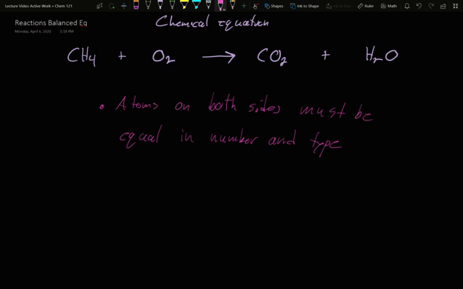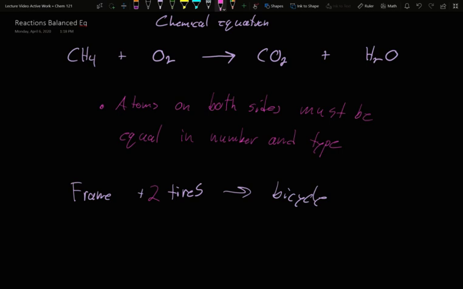Well, think of it this way. If I had a reaction that said 1 frame plus tires goes to bicycle. Well, if you have a bike frame, how many tires do you need for that bike frame? Well, it's a bicycle. You need 2 tires.